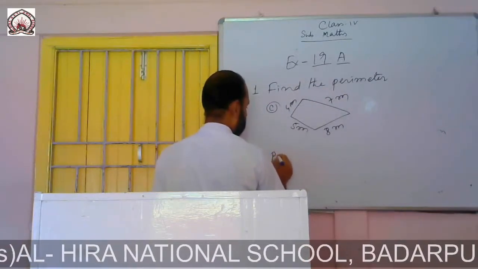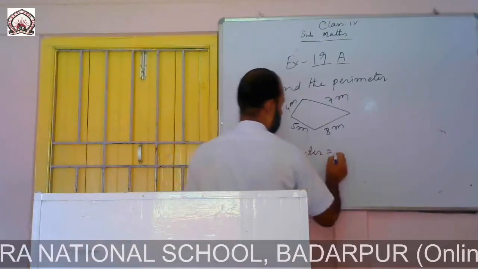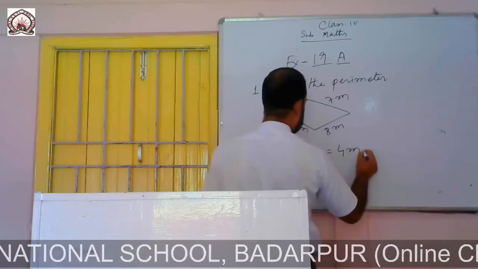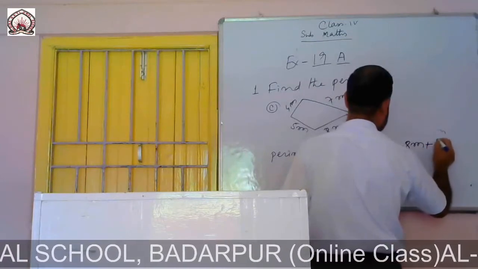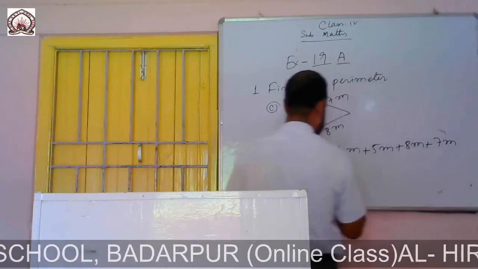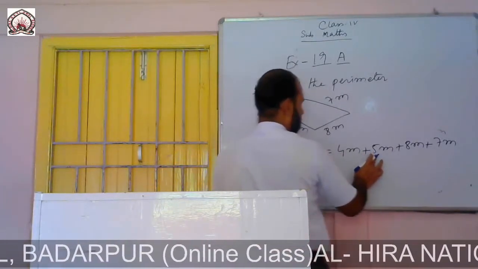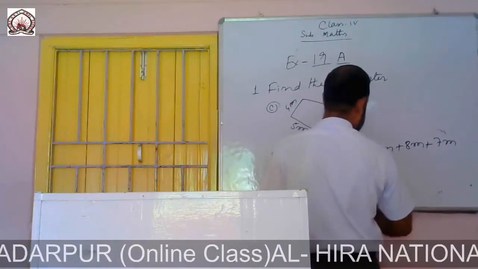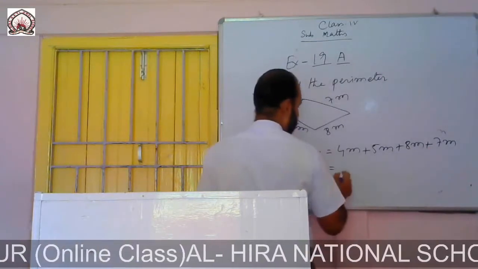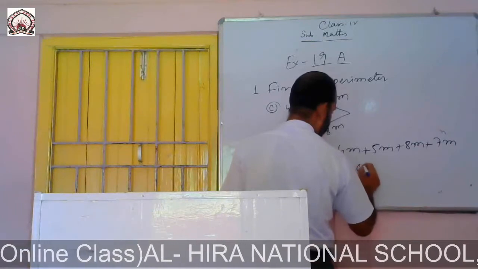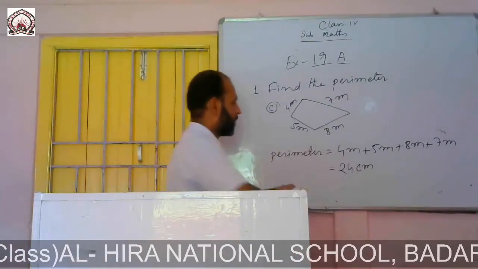Now perimeter equal to 4 meter plus 5 meter plus 8 meter plus 7 meter. Now 4 plus 5 is equal to 9. 9 plus 8 is equal to 17 and 17 plus 7 is equal to 24. 24 meter.